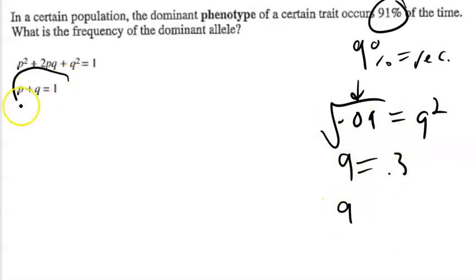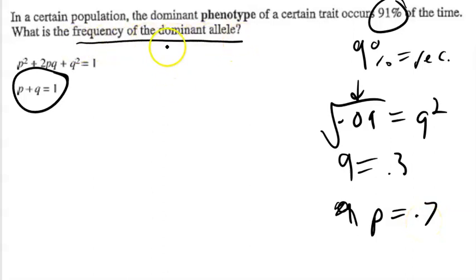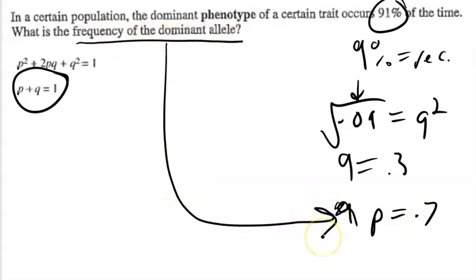Therefore, when we do the math from this equation, we see that P equals 0.7. What is the question actually asking us? Well, it's just asking us the frequency of that dominant allele. So officially that problem is done because we figured out the frequency of the dominant allele, represented by P in this particular problem.